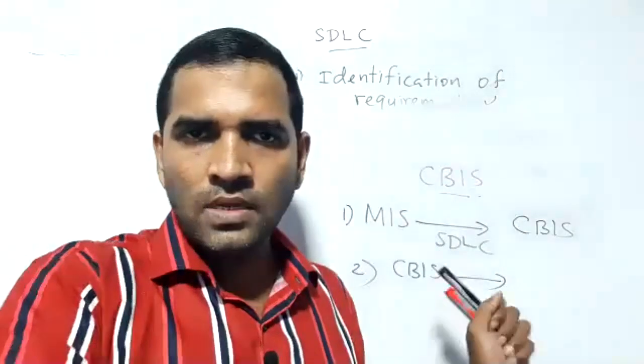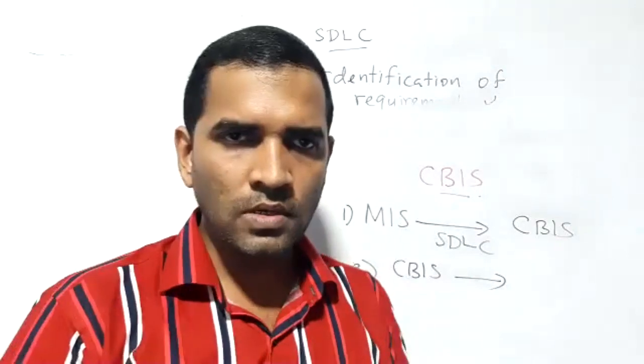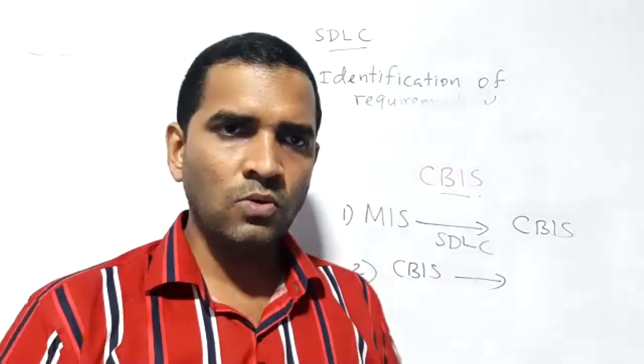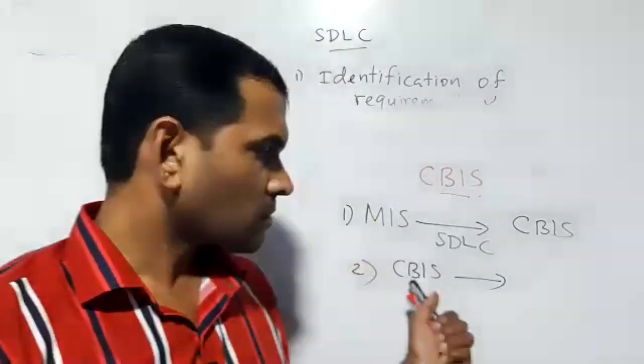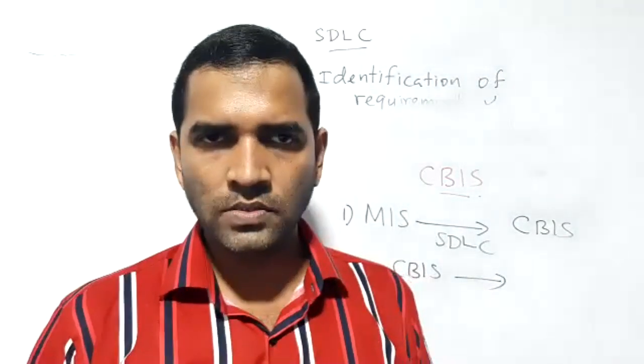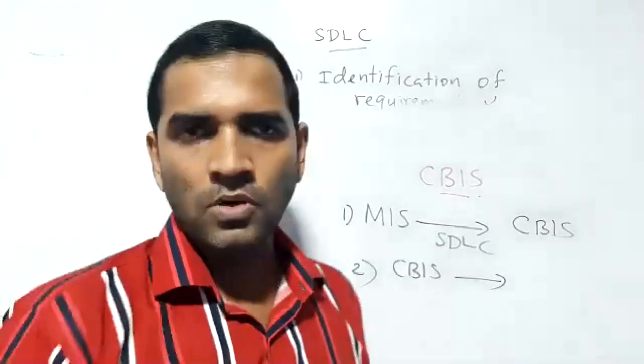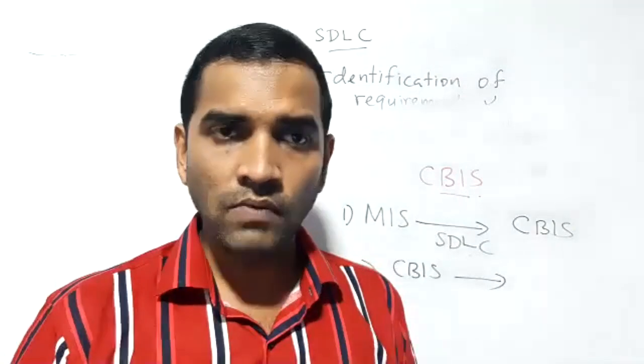That CBIS cannot fulfill all the tasks now because it is outdated. Technology improved and you have so many needs. So you can't say that you have a CBIS that can fulfill all the tasks. So definitely this CBIS needs to be modified and developed.